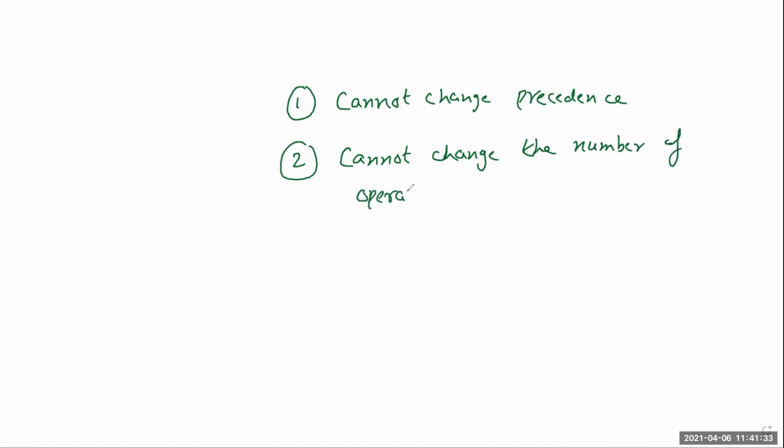It means if it's a plus, there must be two operands. If it's a multiplication, there must be two operands. If it is plus plus, there must be only one operand, right? So maybe we have discussed this one in detail. We'll see some more examples of the second property in our next session, right?